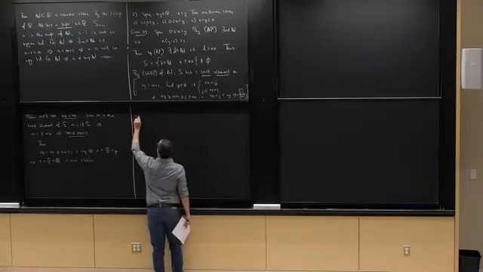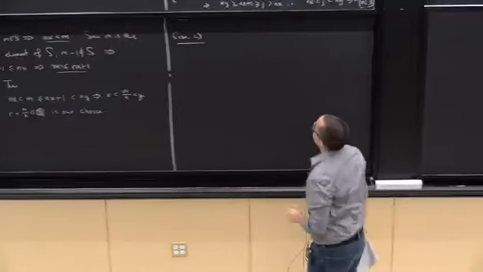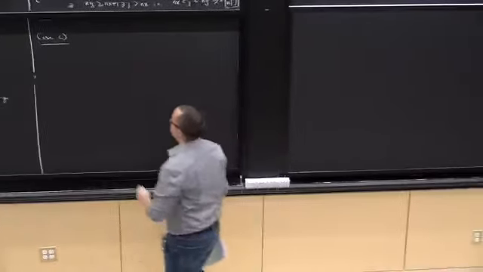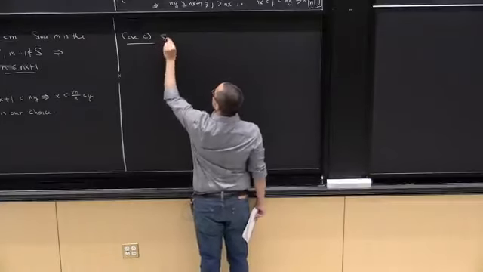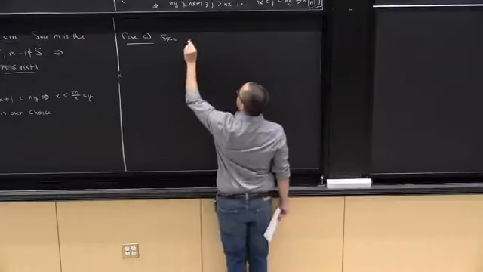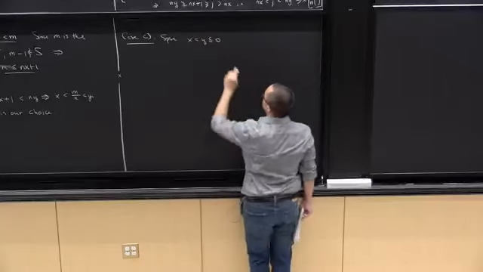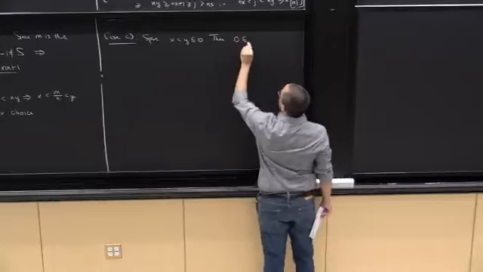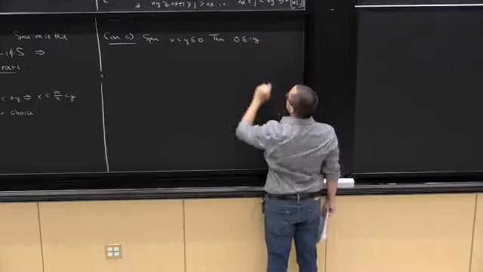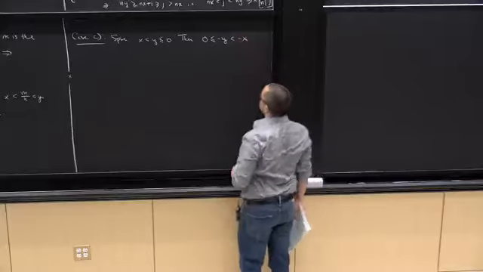Case C will just reduce to case B, okay? Suppose x is less than y, which is less than or equal to 0. Then 0 is bigger than or equal to minus y, which is bigger than minus x.